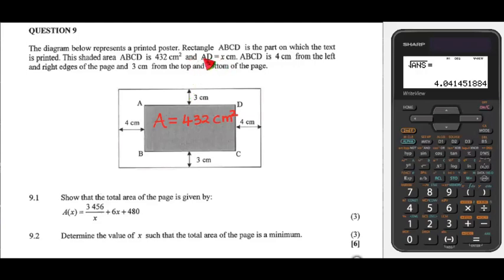And AD, from A to D, it's actually x centimeters. So this part is x centimeters, no problem. A, B, C, D, the whole thing is 4 centimeters from the left to the right edge.